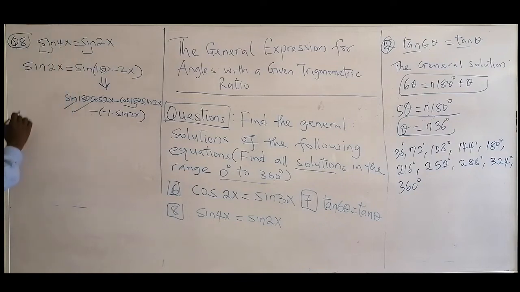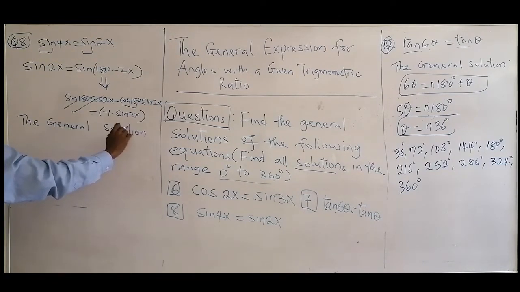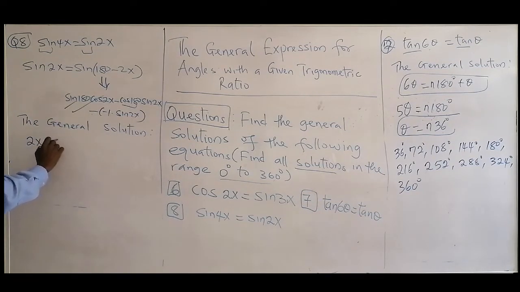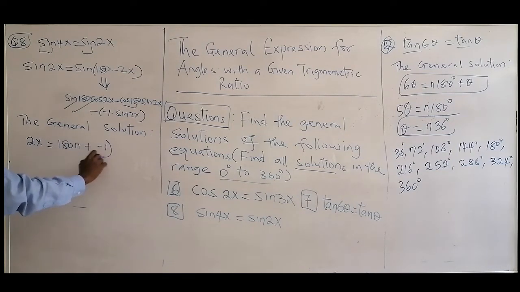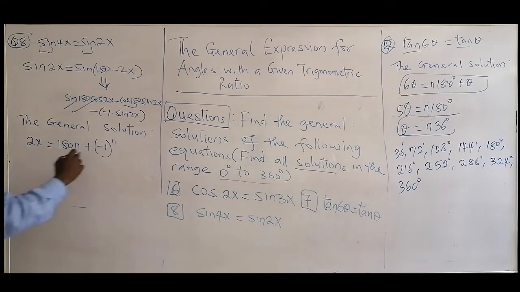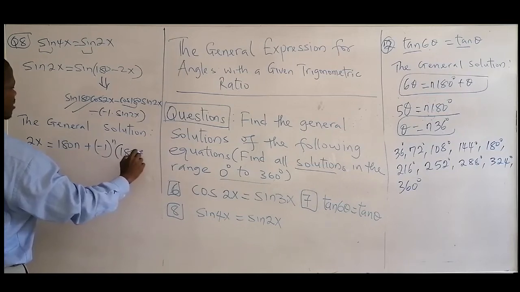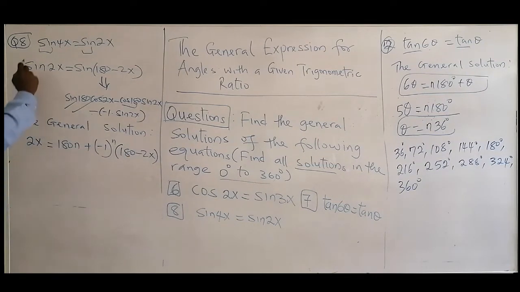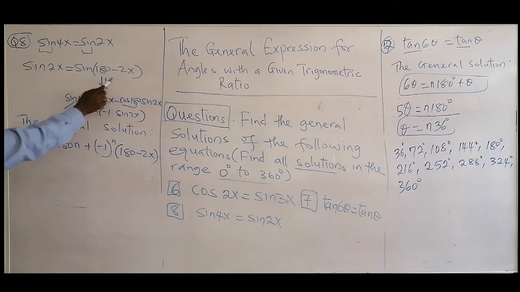Then in that case now, we can get our general solution. The general solution is 2x equal to 180 n plus minus 1 power n, and then the function 180 minus 2x. Because the sine will go, you just have 2x equal to this. That'll be your angle.